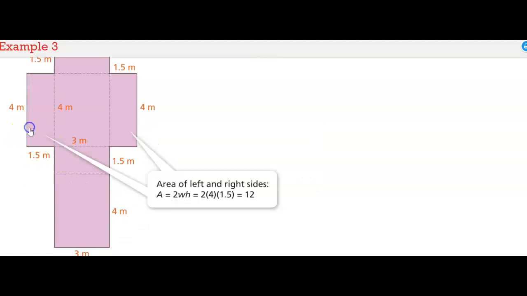And then we have the other set of rectangles, 2 times the width times the height, which is equal to 2 times 4 times 1 and 5/10, which is equal to 12.